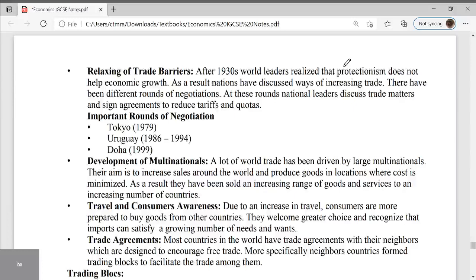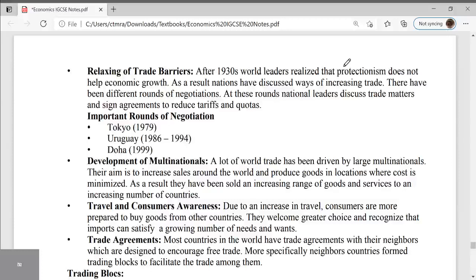Then we have important rounds of negotiations, and here are some examples. In Tokyo, there was a gathering between the country leaders, okay, presidents, prime ministers, ministers, in 1979.